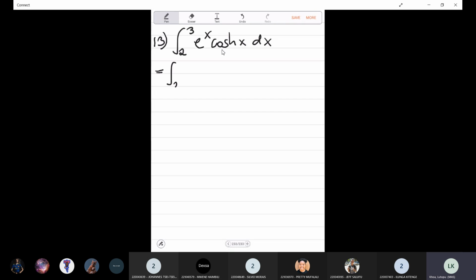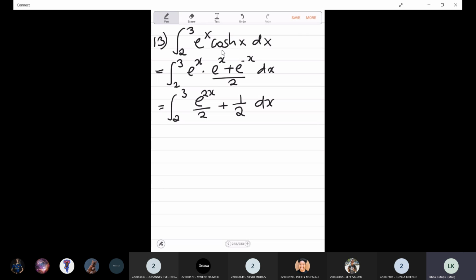So we are integrating then e to the power of x times e to the power of x plus e to the power of minus x over 2 dx from 2 to 3, which is e to the power of 2x over 2 and then plus 1 over 2 dx. Okay, and this one we know how to integrate. The integral of e to the power of 2x is e to the power of 2x, or let's do it the way we've been doing.